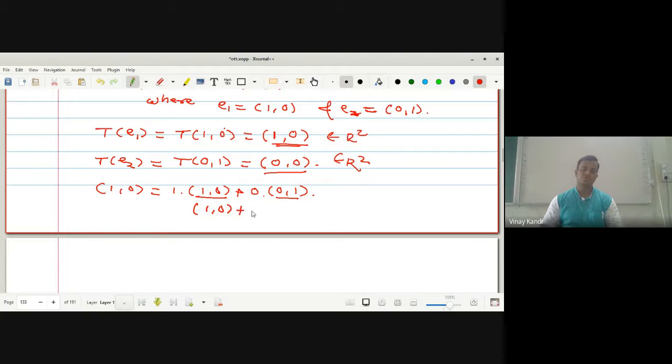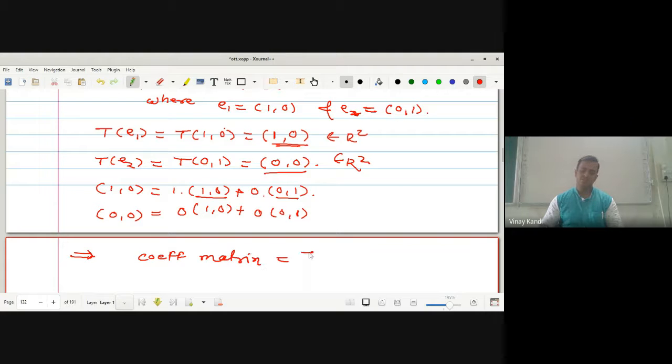Now write this element (0, 0) in the linear combination of these two. So what is the value of this coefficient? This coefficient is 0, again this coefficient is 0. So this implies the coefficient matrix is 1 0 and 0 0.